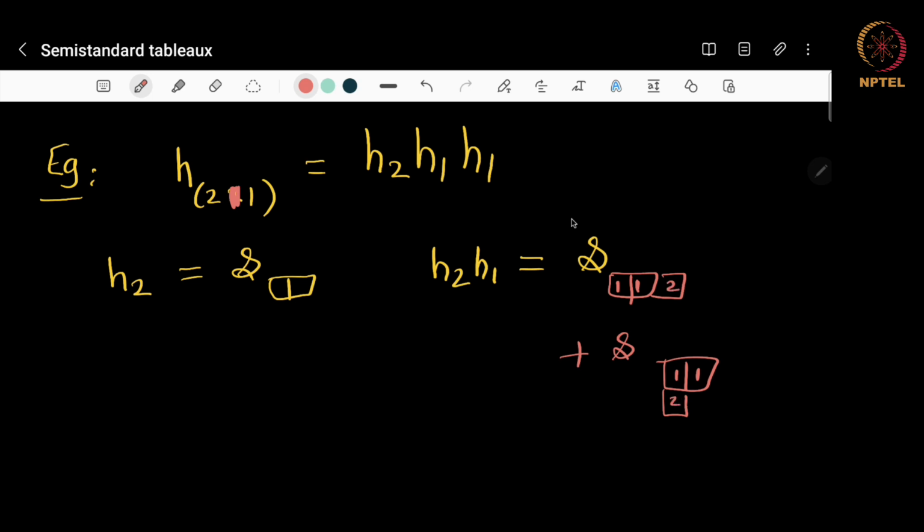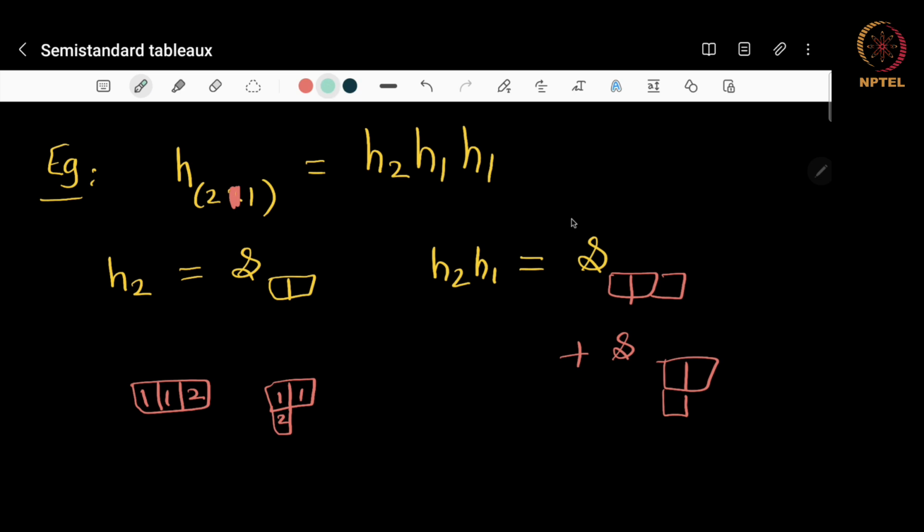Let me not confuse you with putting numbers there. So all I mean is, the shapes that I get after two steps, I can think of it as having been obtained like this. Okay, and now I need to attach one more box, right?